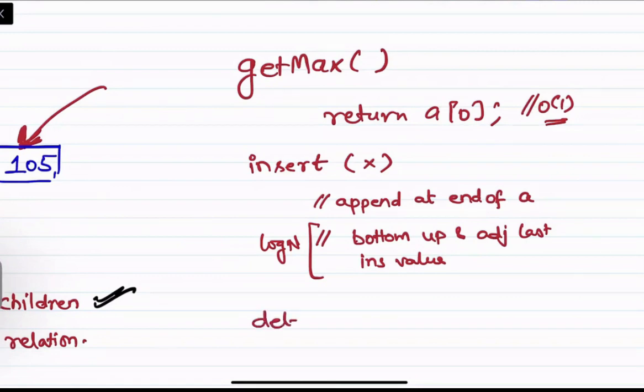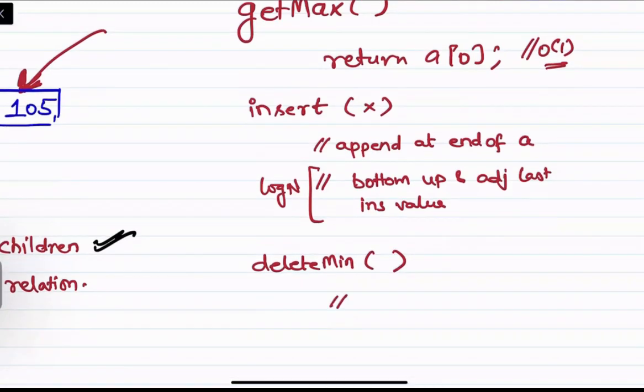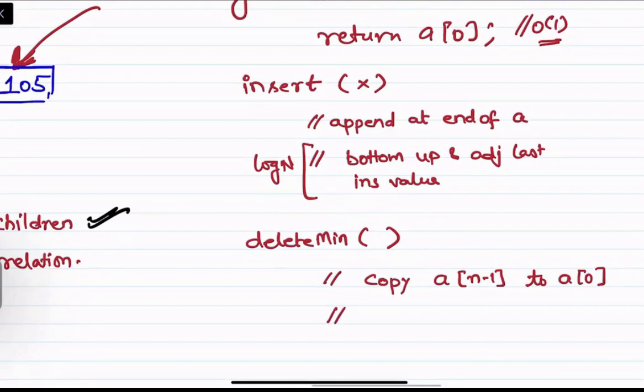So we are saying delete min, and we have to return also. So eventually, what did we do in delete min? What was the first step we did? We copied a of n minus 1 to a of 0. Is that fair? And then what did we do? Oh, sorry, delete max, my bad. Yeah, thanks for pointing that out. We are deleting max. Then what do we do?